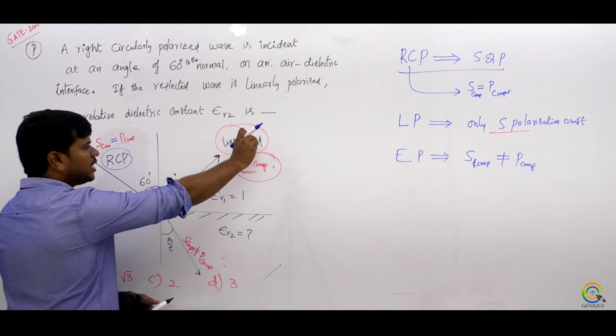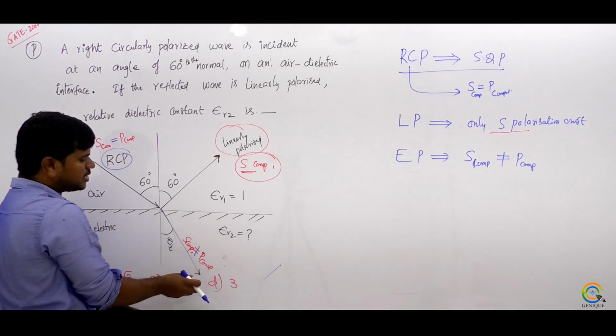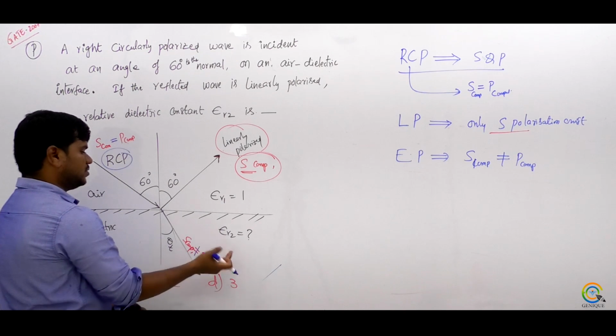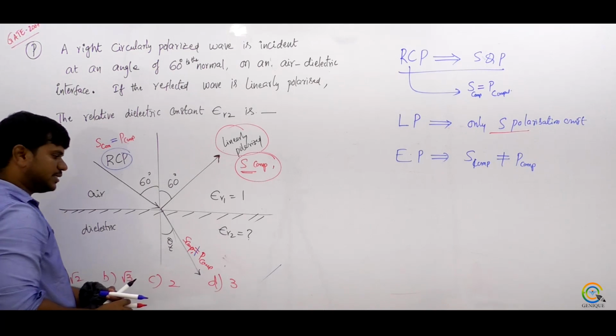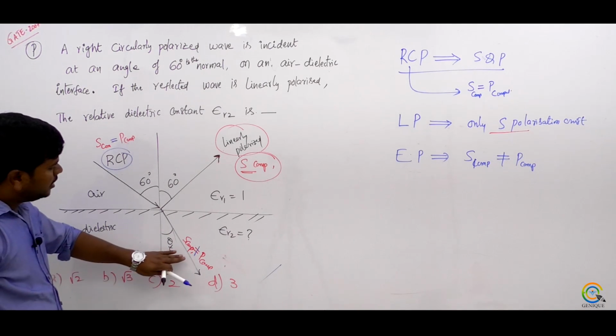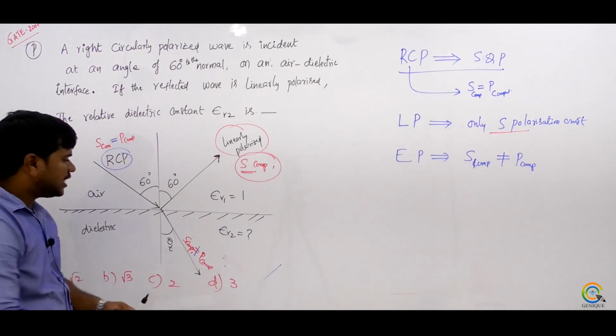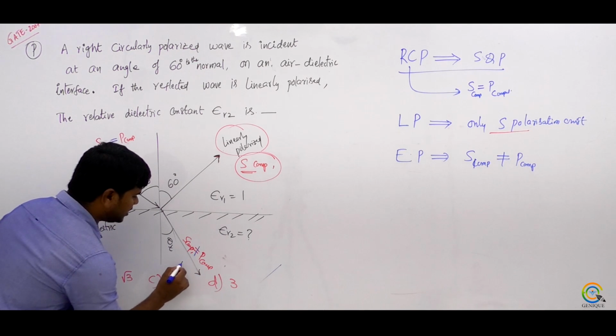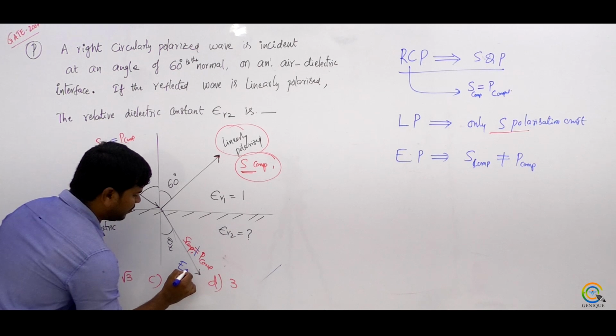Some of the S component is going out, some of the S component is coming out. But the entire P component is coming here. So that means, observe this, we can say that for an elliptically polarized wave, these two are not equal. So this is an elliptically polarized wave.